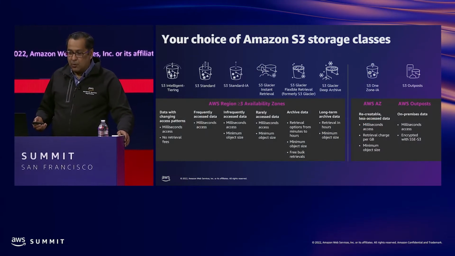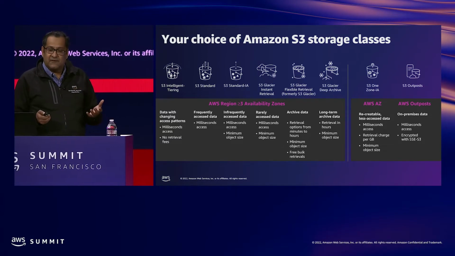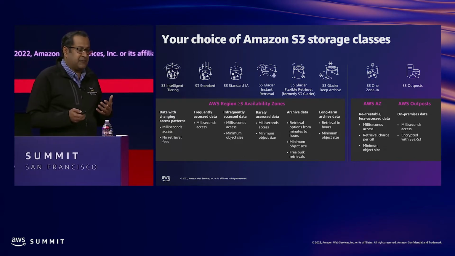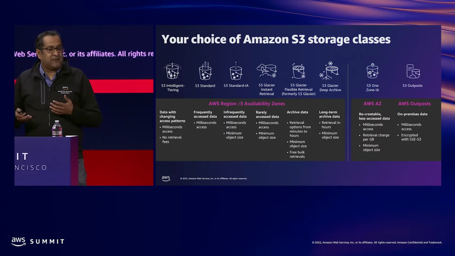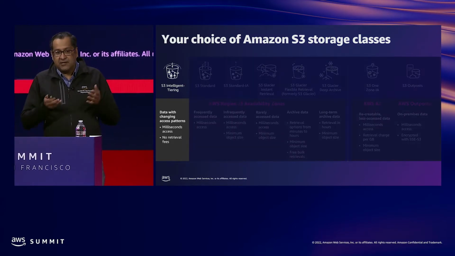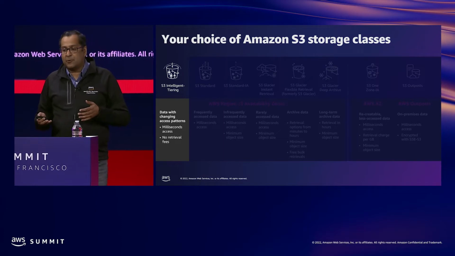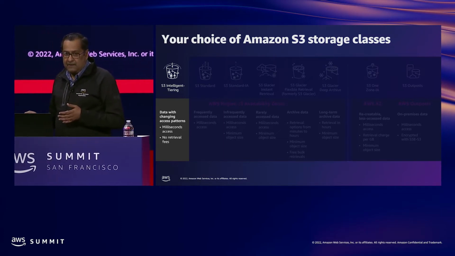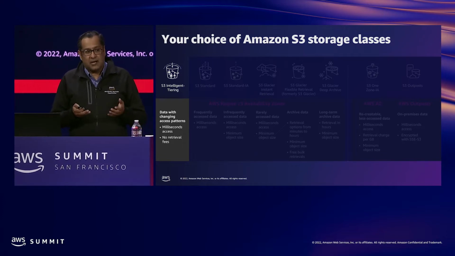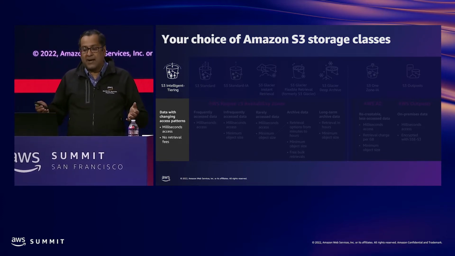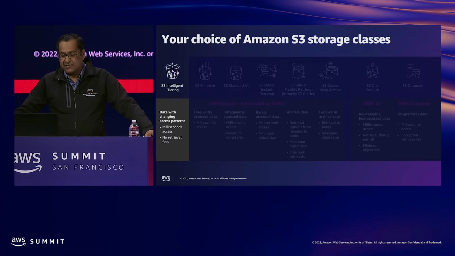So let's talk about what this means, and let's dive into all the different storage classes we have. As you can see right now, we have about 8 different storage classes. Starting from left to right, the first one is intelligent tiering. Like I mentioned previously, it is the only storage class in the cloud today that delivers automatic cost savings by monitoring your access patterns.